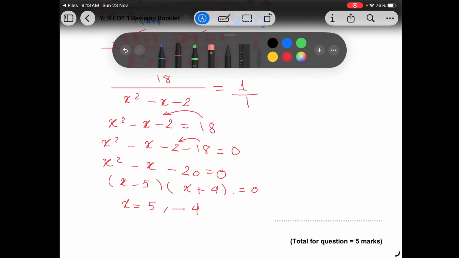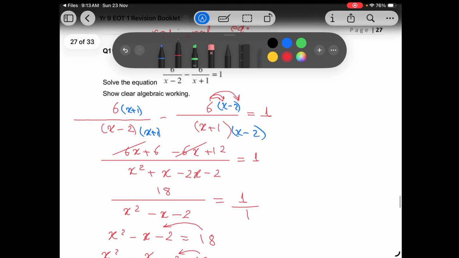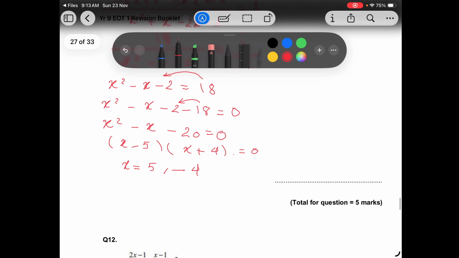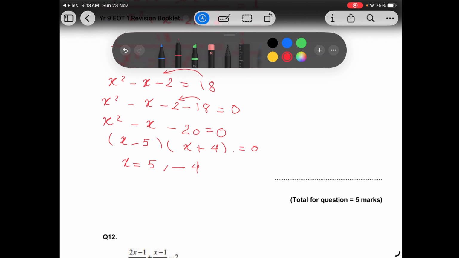And this sort of equation, not like many other equations, we have to check for the validity of these two answers. So theoretically we have two solutions, but I have to check.